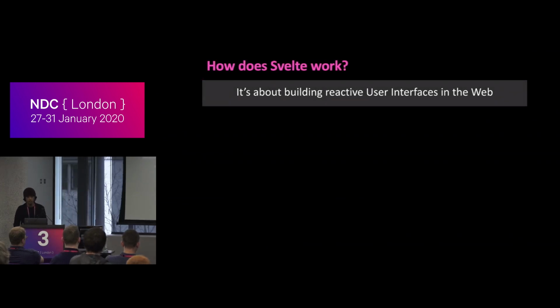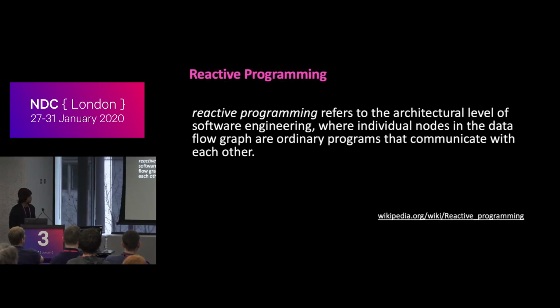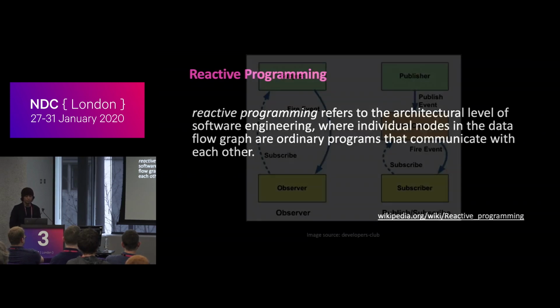So how does Svelte work? Svelte has taken inspiration from observable in the way it runs your code. But first, let me step back and ask you, what is reactive programming? This is reactive programming from Wikipedia, but to make it short, reactive programming has key similarities with the observer pattern commonly used in OOP.